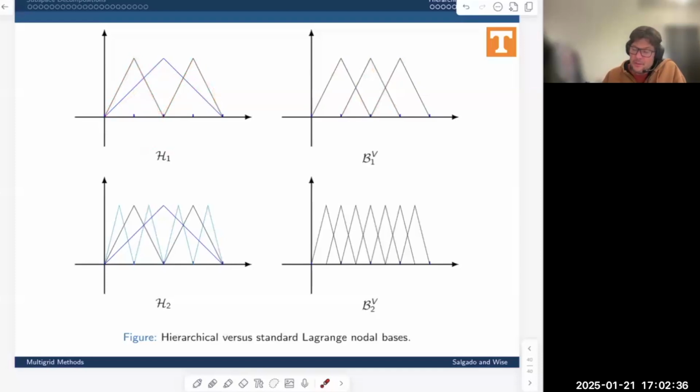And I hope that you can see that these basis elements are entirely able to capture in linear combinations any arbitrary function from V1, just as this guy is. Now it's a little bit more complicated to write down what are the coordinates in this basis.